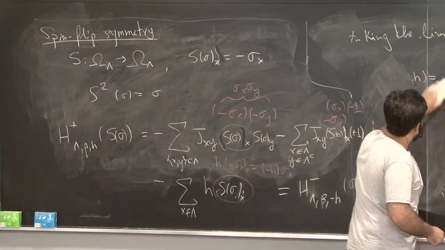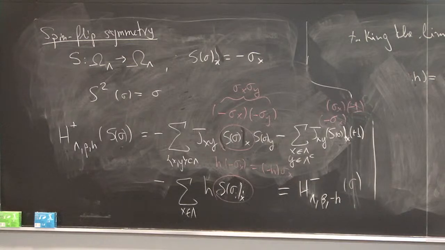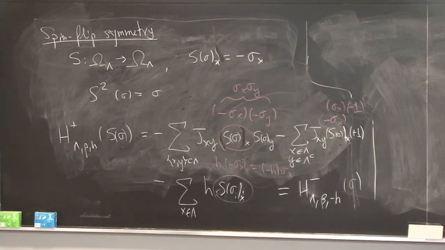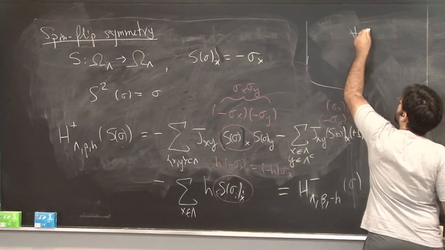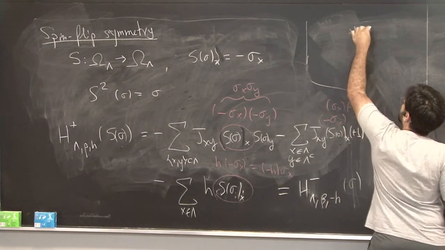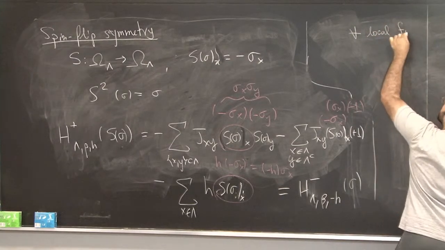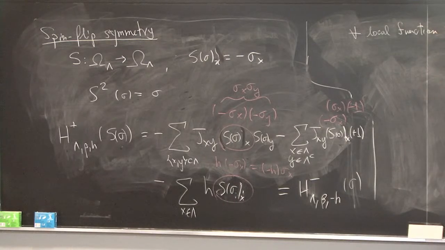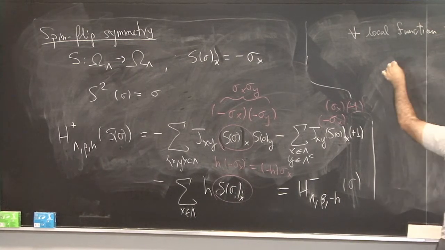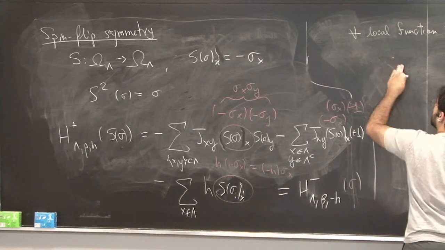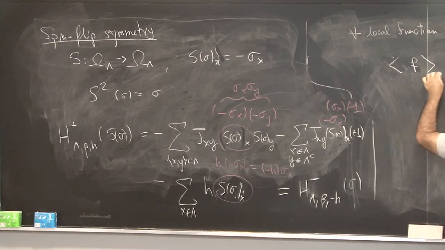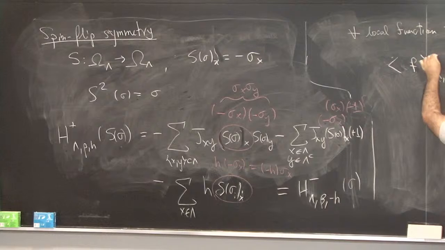But this happens on the level of the Hamiltonian. So what would happen on the level of the measures? Remember, for any local function f, we wrote the mean of f under the measure for lambda, beta, h, plus as being what?